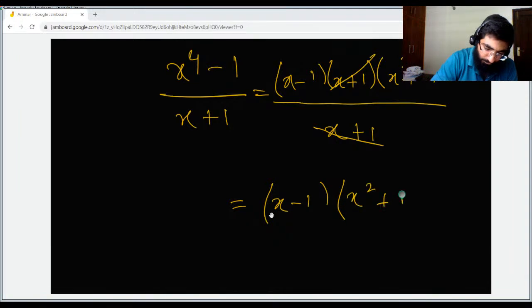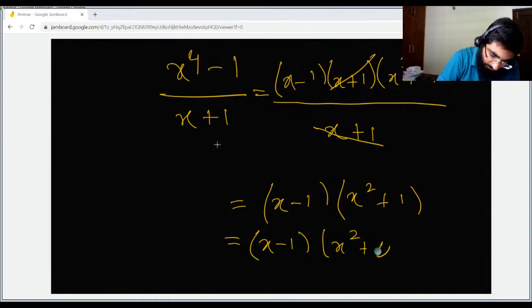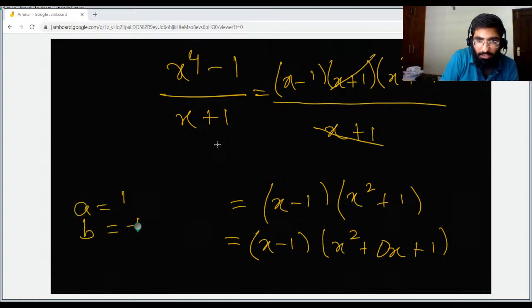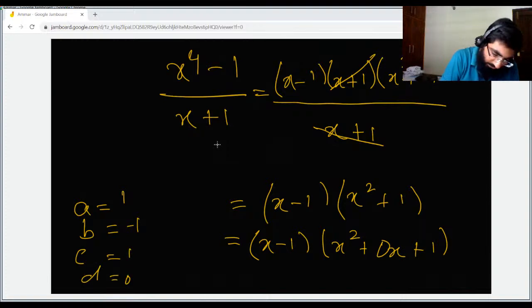It wanted you to write it in the form ax plus b times cx squared plus dx plus e, so rearrange it. So a is 1, b is minus 1, c is again 1, d is 0, and e is again 1.